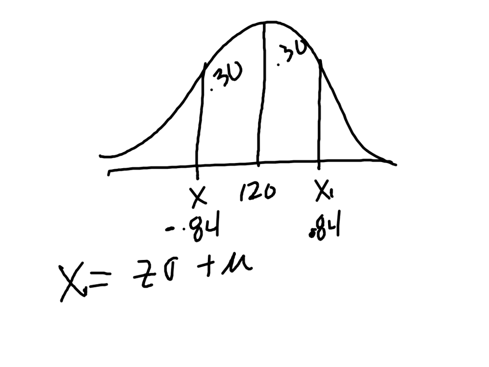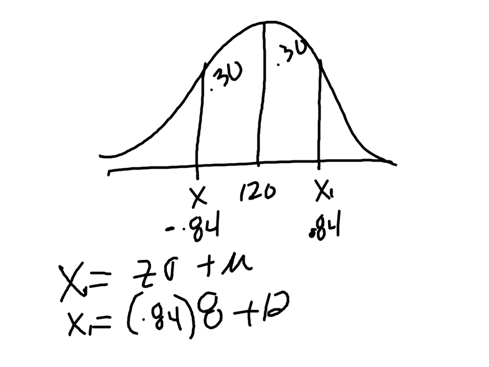So let's do it for X1 first. It's going to equal 0.84 times the standard deviation of 8 plus 120. And when they do that calculation, they end up with 126.72. That would be in millimeters of mercury there.